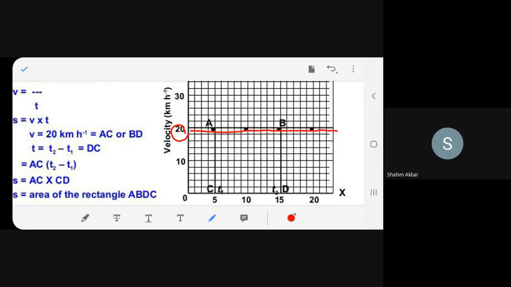Because the velocity is not changing, the graph will be a straight line parallel to the x-axis. You agree with me or not? 15 seconds, 20 kilometer per hour. So this is the plotting. The velocity is not changing, so it will be a straight line. All of you agree? Yes, ma'am. Okay.